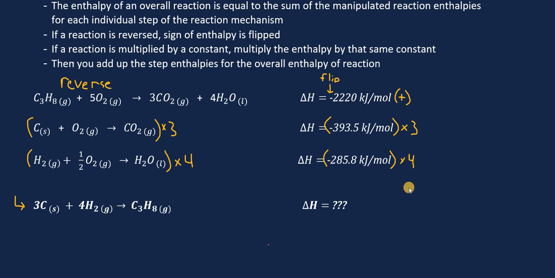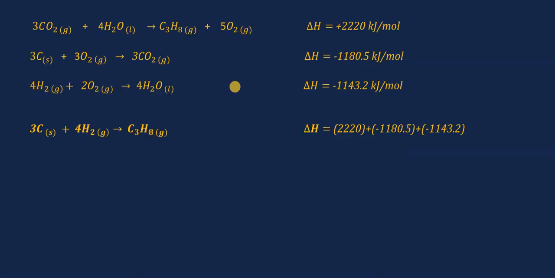So let's go ahead and take a look at what this looks like after we've done all of these manipulations. Let's see what our mechanism looks like then. So this is the reaction mechanism after all the manipulations have been taken into account. For the first step, we needed propane gas on the product side, so we reversed the reaction.